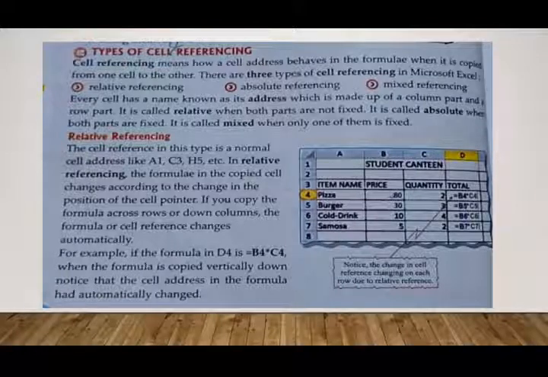This is the default reference in MS Excel. In relative referencing, the cell reference is a normal cell address like A1, C3, H5. This is the relative cell reference. The address contains only the column letter followed by a row number.